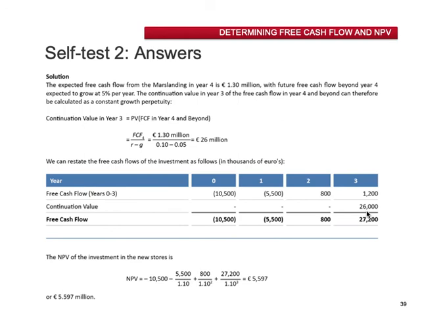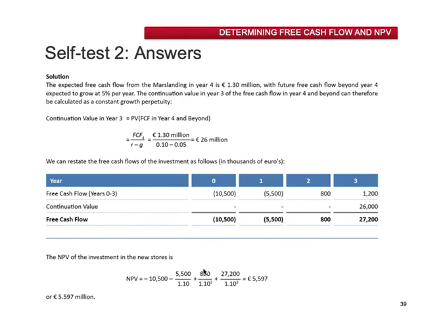So the NPV looks like 10.5 million negative, which is the initial investment. Then we include the negative cash flow in year 1, and we divide that by 1.10 to the power 1, because it's 1 year back. Then we have the 800,000 that we discount by 1.10 to the power 2.